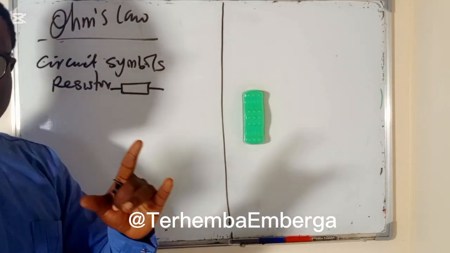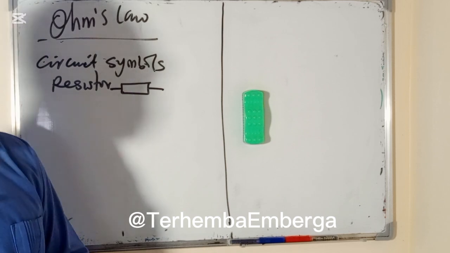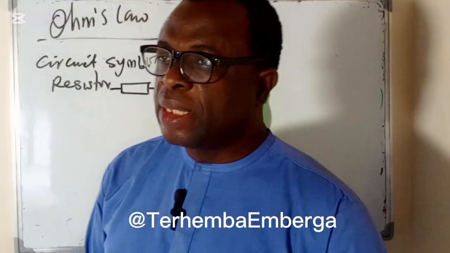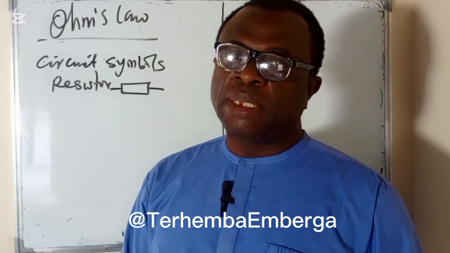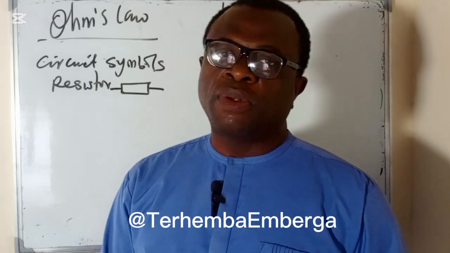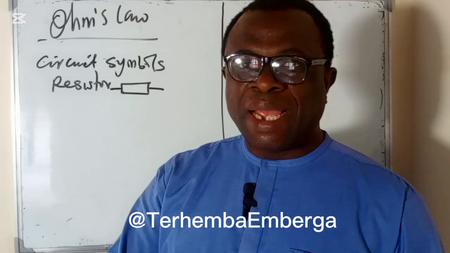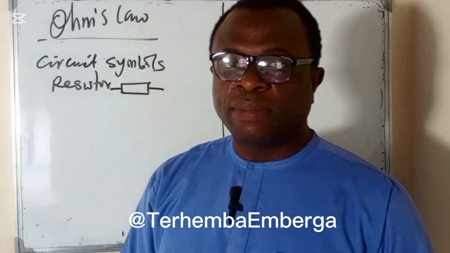And we have two types of resistors. We have a variable resistor and a standard resistor. Variable in the sense that the resistance can be varied. For example, a rheostat or a resistance box. These are resistors whose resistance can be changed from one point to another.